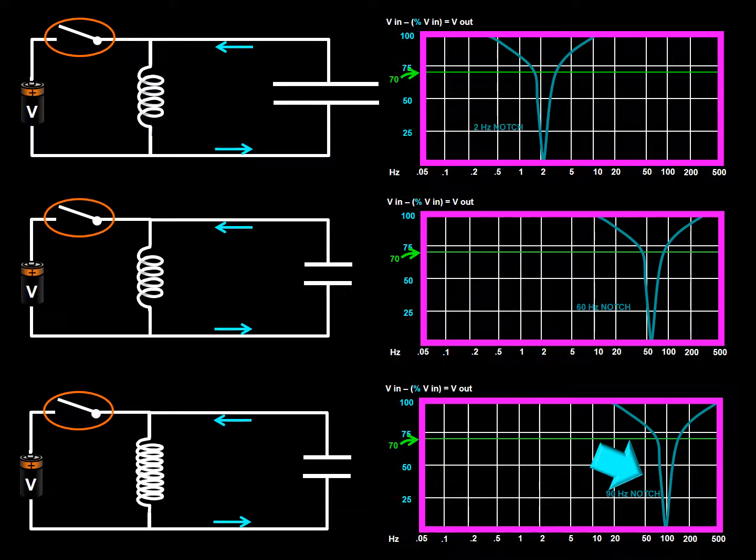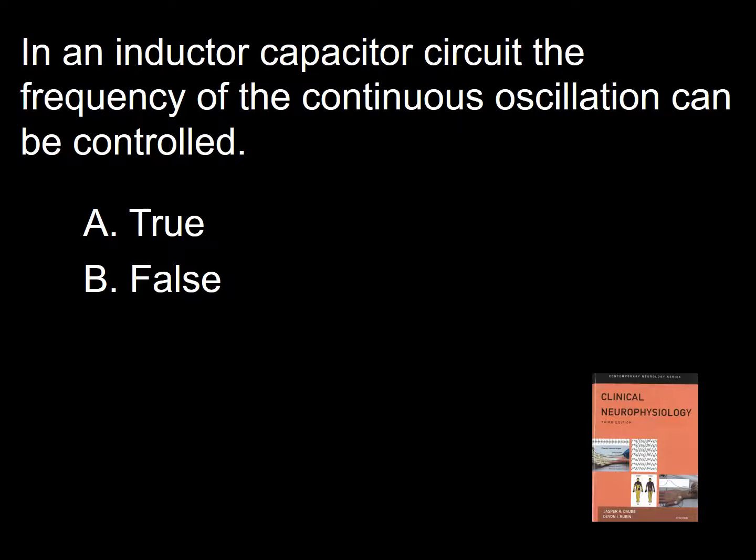That also will change the filtering specification of the given filter. The benefit of using capacitor and inductor circuits instead of capacitor resistor circuits to build filters is that a more steep exclusion of frequencies can be achieved by the use of capacitor inductor circuits. So the answer to this question is true.